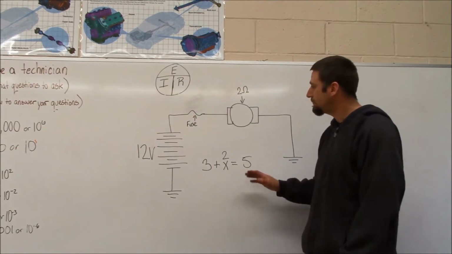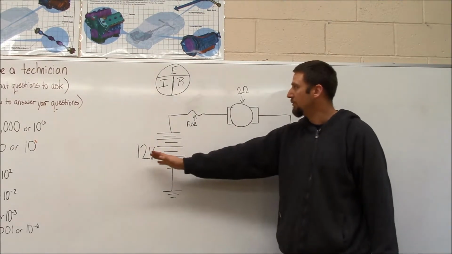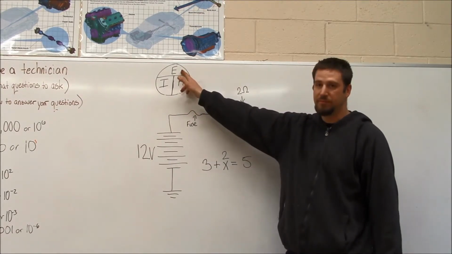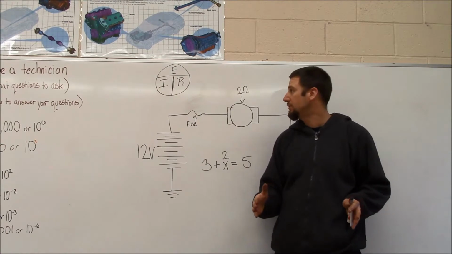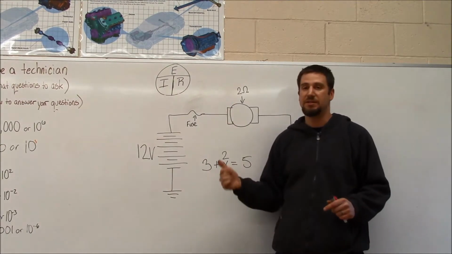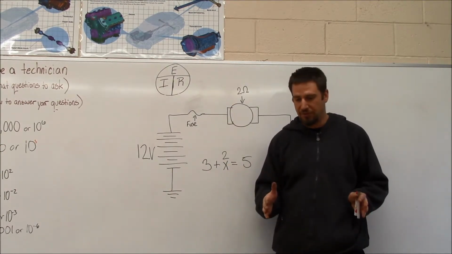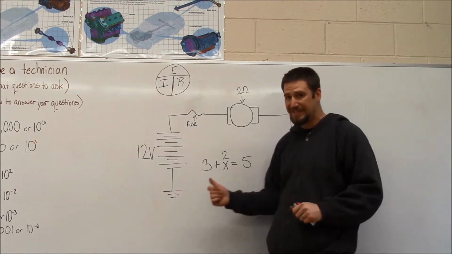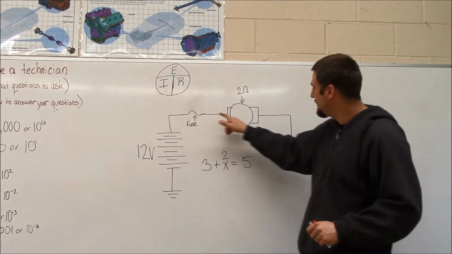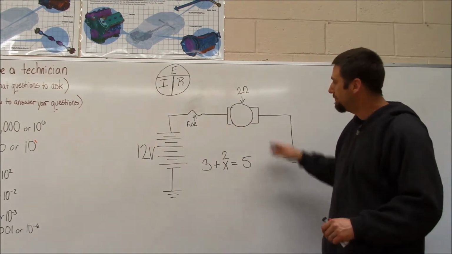So we take 12 volts. That's our E. We divide 12 volts by our resistance, 2 ohms, which equals 6 amps. So this circuit is going to draw 6 amps.